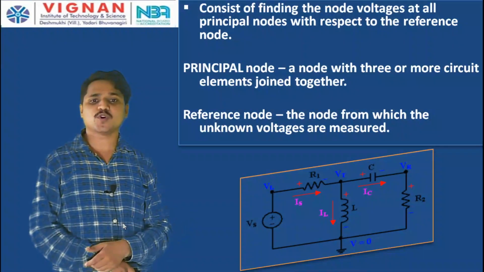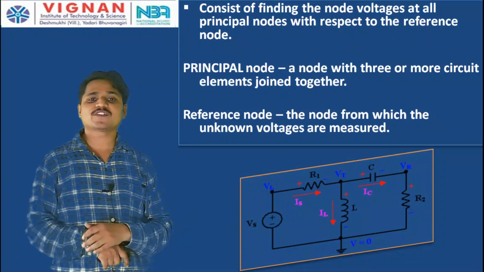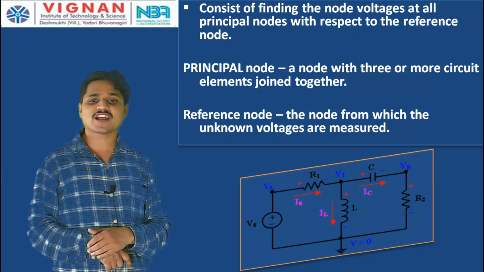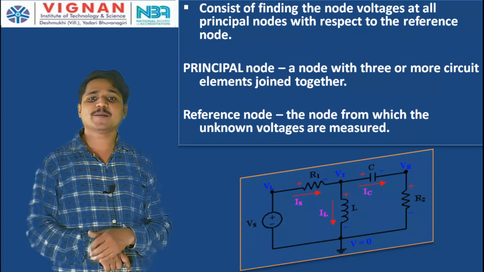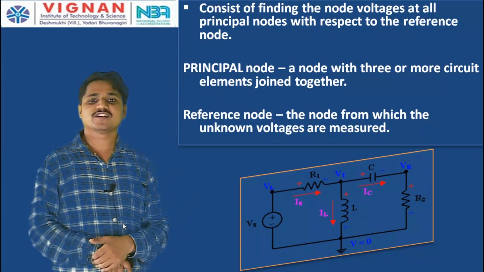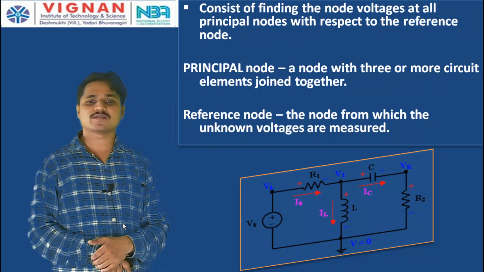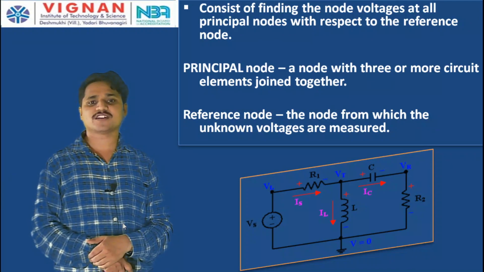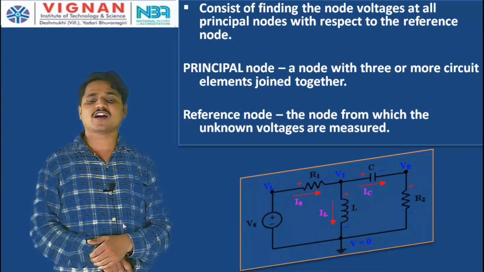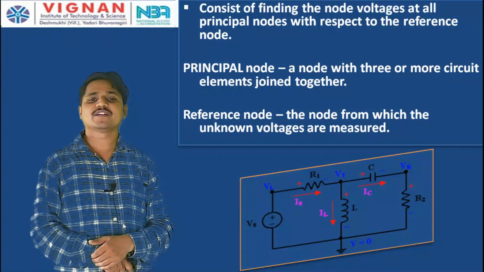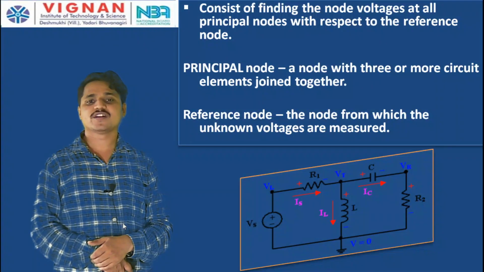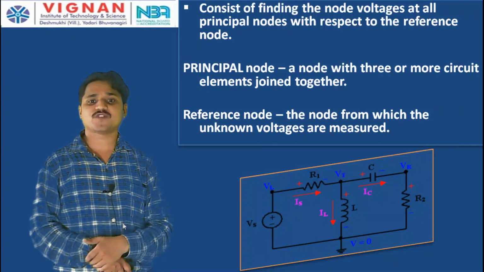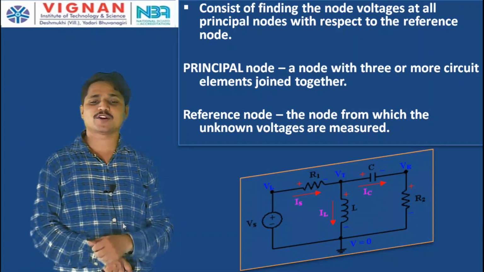The number of Kirchhoff current law equations to be solved is the number of principal nodes minus 1, that is, 2 minus 1, which is 1. You will get this as an objective question: the number of KCL equations to be solved using the nodal analysis technique is NP minus 1, where NP is the number of principal nodes.